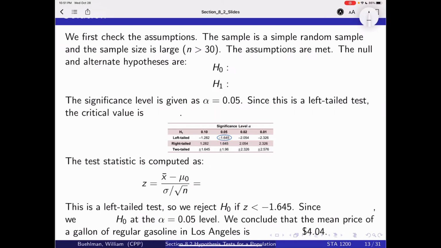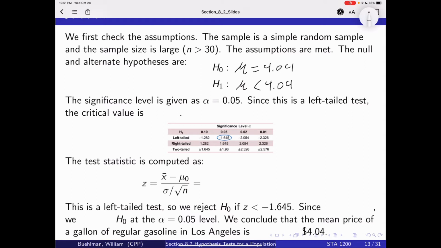We first check our assumptions. Simple random sample, check. Is the sample size greater than 30? It is, check. So the assumptions are met. The null is mu equals $4.04. The alternative is mu is less than $4.04.